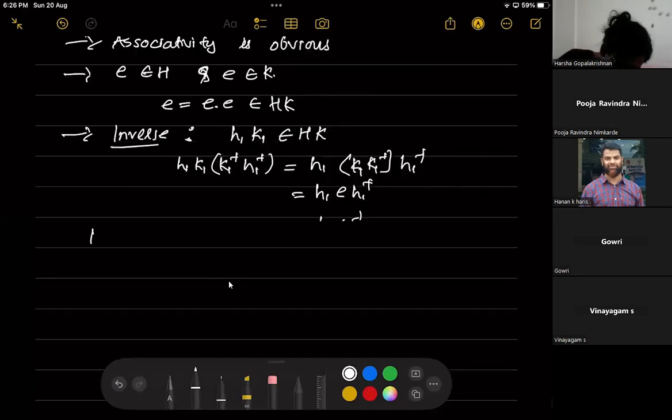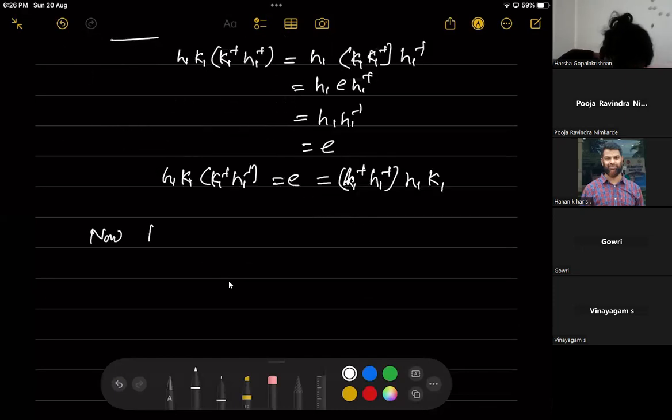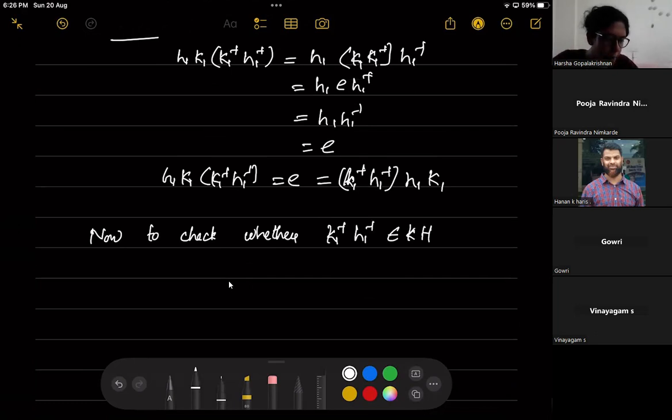Now to check whether K1 inverse H1 inverse belongs to KH. Sorry, belongs to HK, because we are checking for HK.